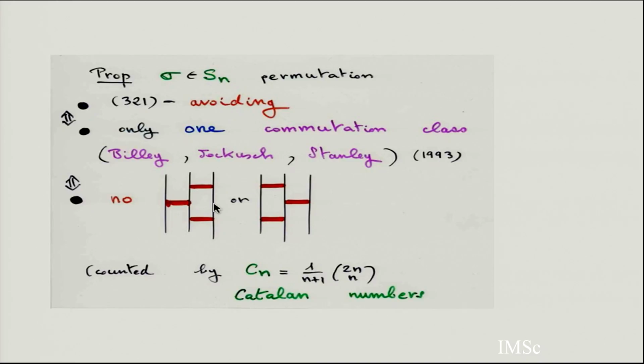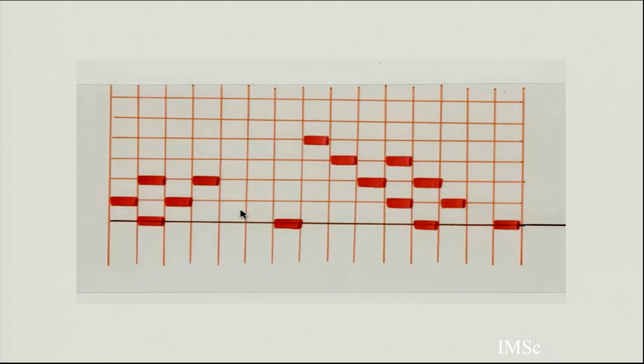But be careful, there is nobody here. In this column, there is nobody. This means, in the language of last time, that this is a convex chain. These three elements are touching each other, and there is nobody here. Also, there is nobody in this left column here. So this is an example of a fully commutative element in the symmetric group.